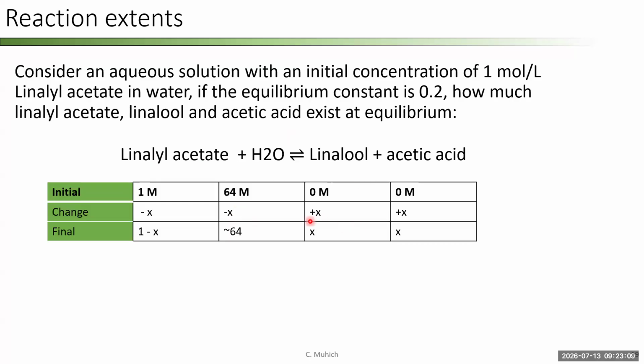And then on the product side, I'm going to gain moles. So I'm going to form linalool and acetic acid, so I have a plus x and plus x here.